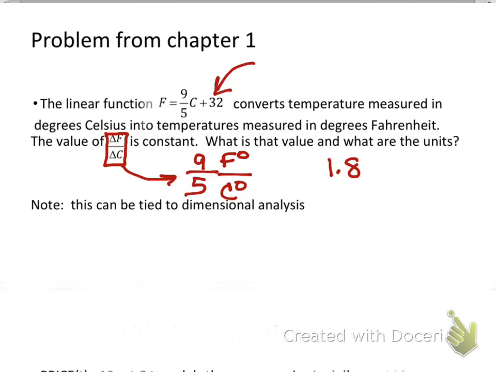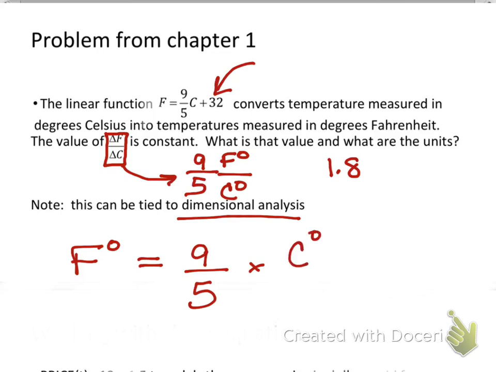So what happens is this. If you want your F to be clearly in degrees Fahrenheit, we'll write it like that, then to get that, so here's your dimensional analysis piece of it, you have 9 over 5 times your Celsius degrees plus a constant of 32. Okay, which you're going to add as degrees.